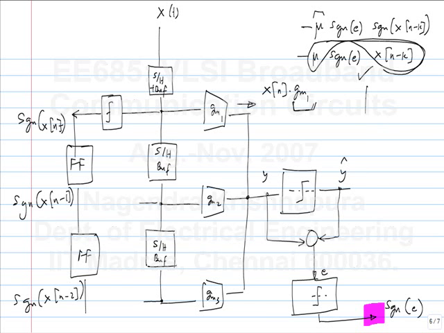So if your minimum of the error square is here, you cannot settle to that value with the sign algorithm. You can only settle to, I mean, there is no settling, there is kind of a limit cycle oscillation between points which are on either side of the minimum. So the actual error that you get is more with the sign than with the full LMS. Those are the differences.